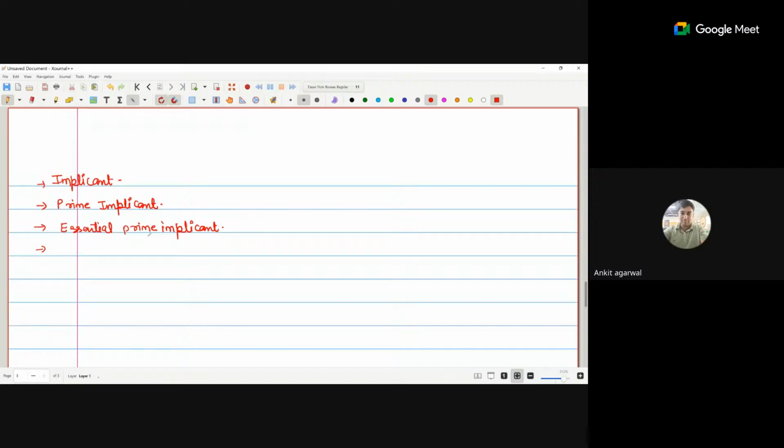Now we go with the essential prime implicant. In the GATE exam, they ask about the prime and essential prime implicants.